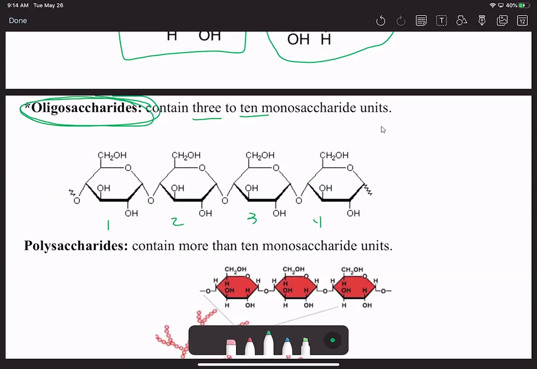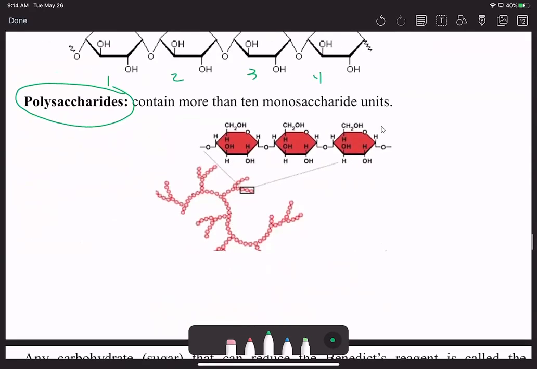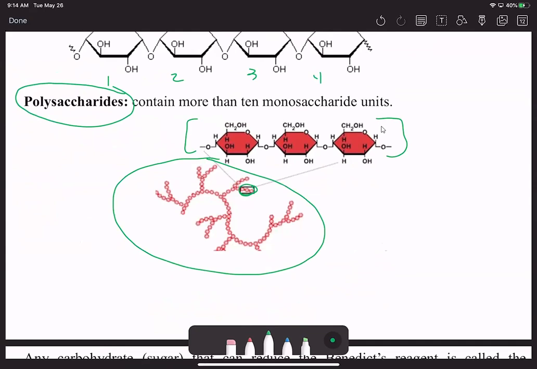Then when we get more than 10, we consider that a polysaccharide. So this here is just a zoomed in portion of what we see here. And so this is our polysaccharide. Whether it contains 11 saccharide units or whether it contains 500,000, they're both going to be considered polysaccharides.